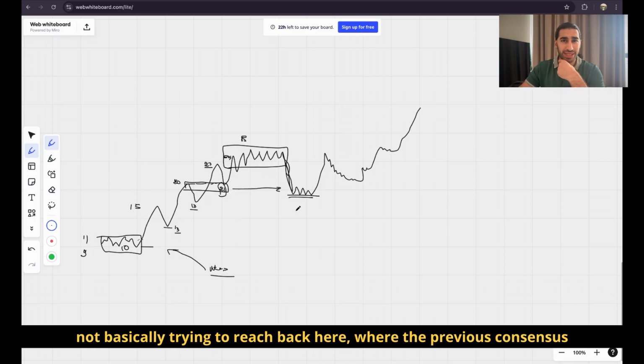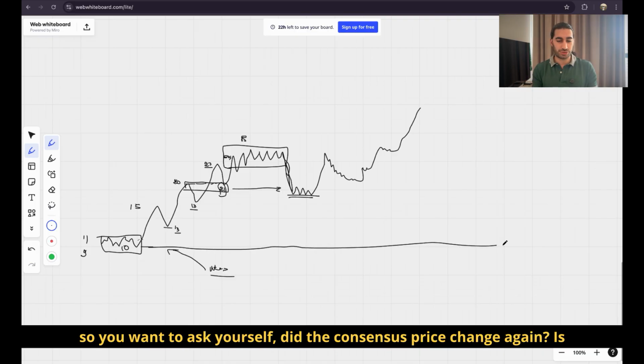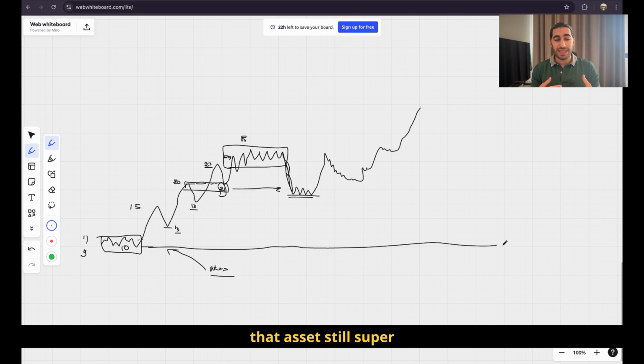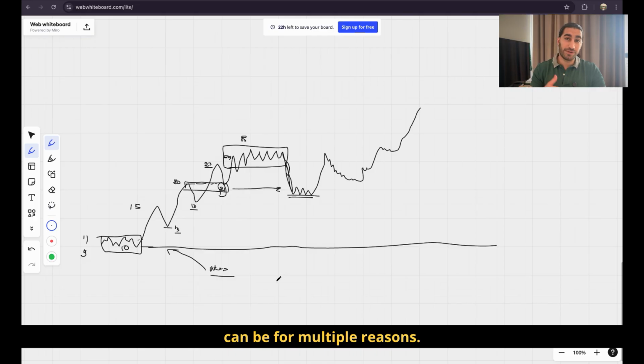You want to make sure that it's not basically trying to reach back here where the previous consensus price was. So you want to ask yourself, did the consensus price change again? Is that asset still super valuable so people want to buy it more? What is going on? Okay? And this can be for multiple reasons.